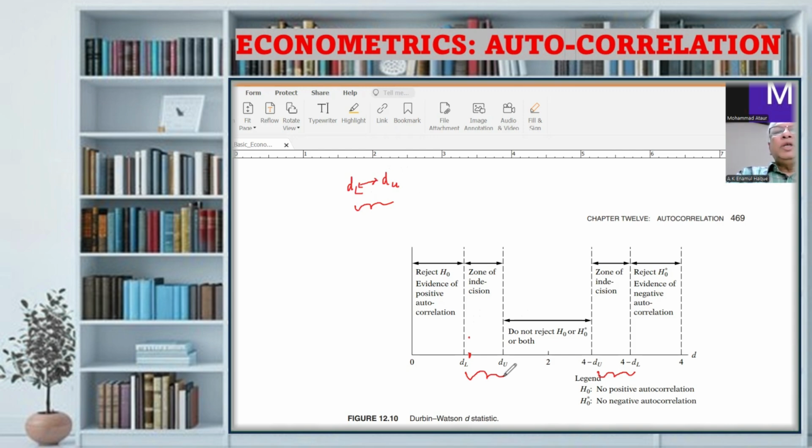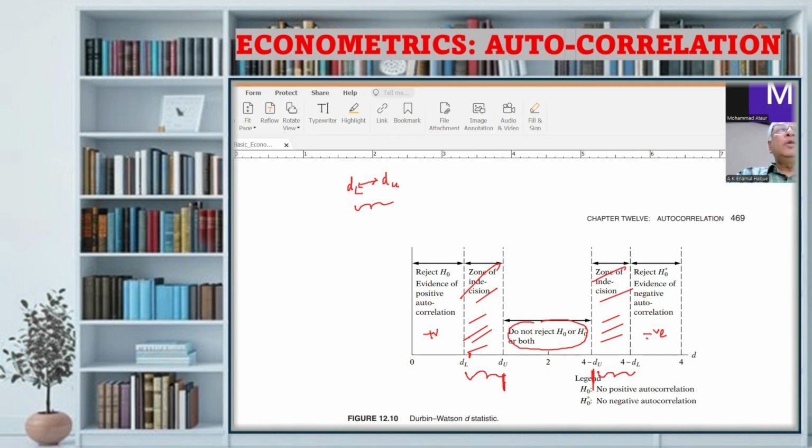But if it is between these two values, there is no autocorrelation. But if it is here, there is a negative autocorrelation. If it is here, there is a positive correlation. And within this range, he said, I'm not sure. So he said, why don't you just do this testing, very simple, on your data.